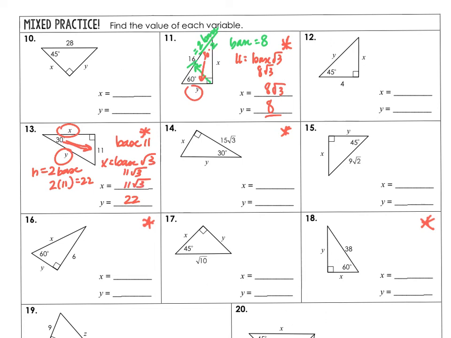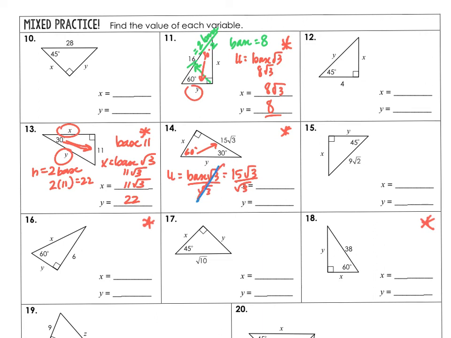Okay, let's look at one more together. Number 14. You are given the longer leg, because it's across from the 60-degree angle. So the longer leg formula is base root 3, and our longer leg is 15 root 3. So to find our base, we're going to divide by root 3 to get the base by itself.